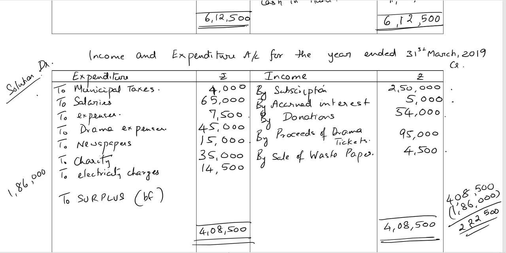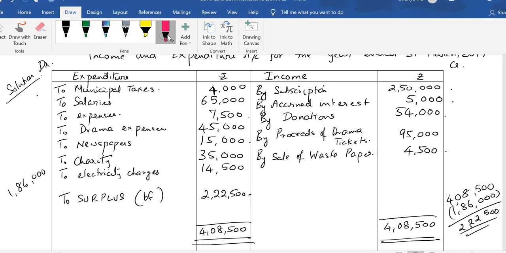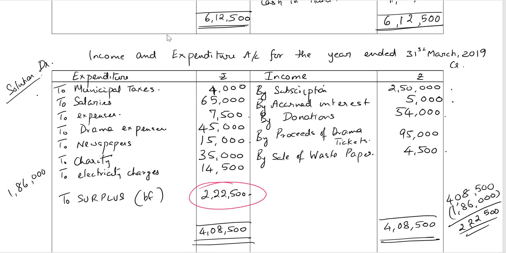Two lakh 22,500 rupees. So this is the surplus in the income and expenditure account.